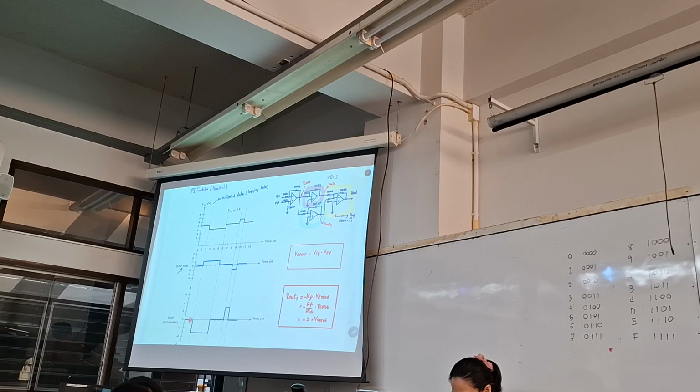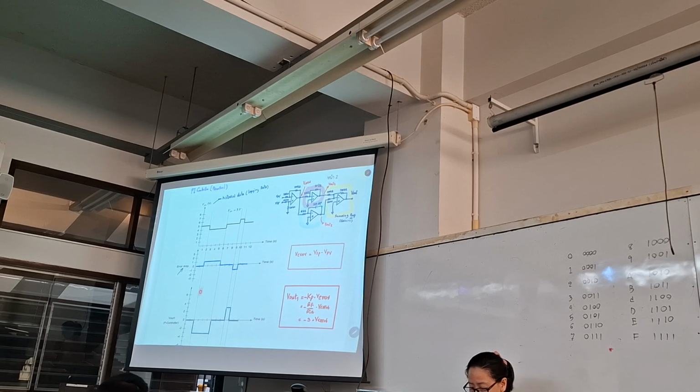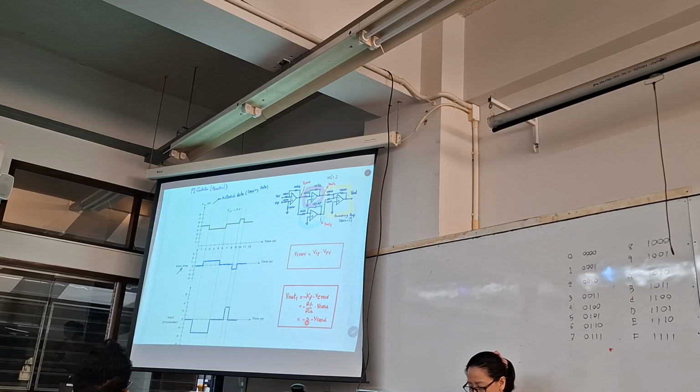In the first section, you simply take the V error of 0 and multiply it by minus 3, you have 0. Then the second interval here, you have 1 times minus 3, you have minus 3. In this interval, you have 0 again, multiplied with minus 3, you have 0.